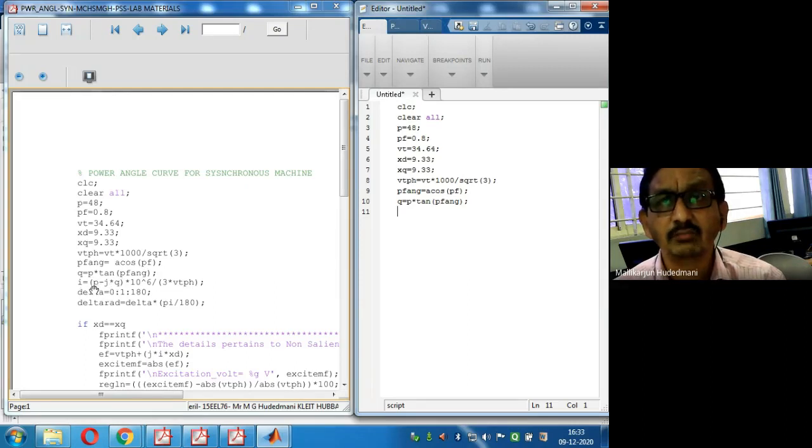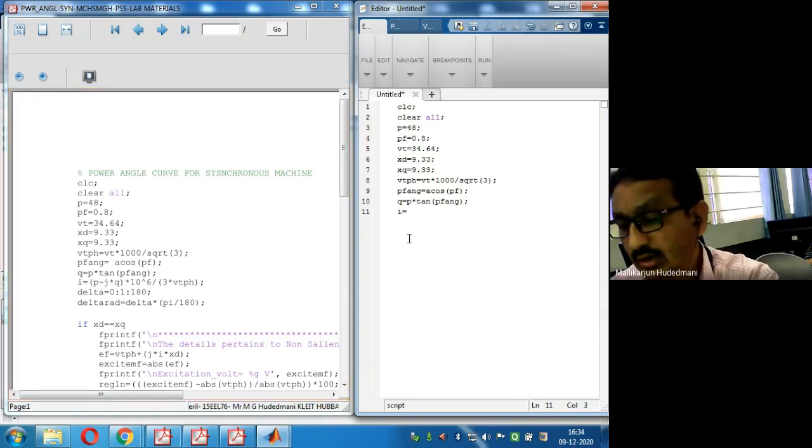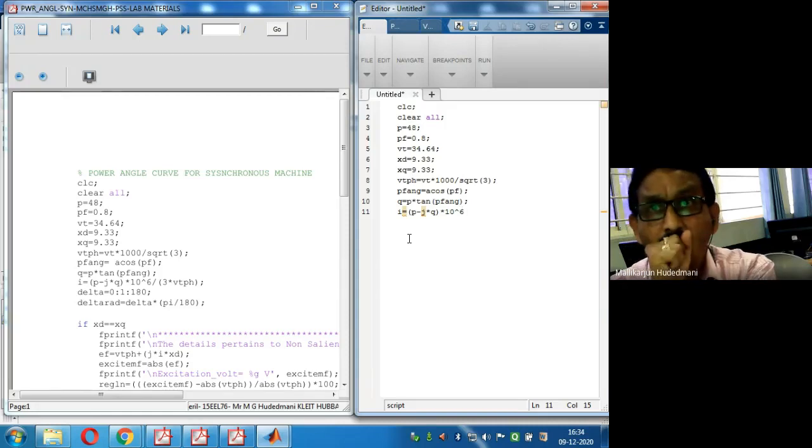Now the current is P minus JQ, active power minus reactive power, divided by 3 times voltage per phase, in terms of mega. I will be doing here I equal to, I use a bracket, P minus J star Q. Complete the bracket. Star 10 to the power 6.